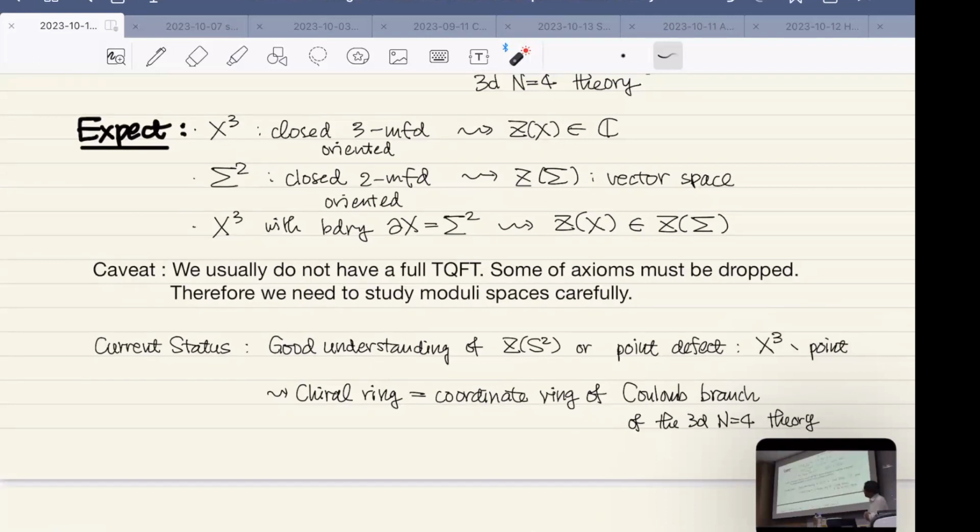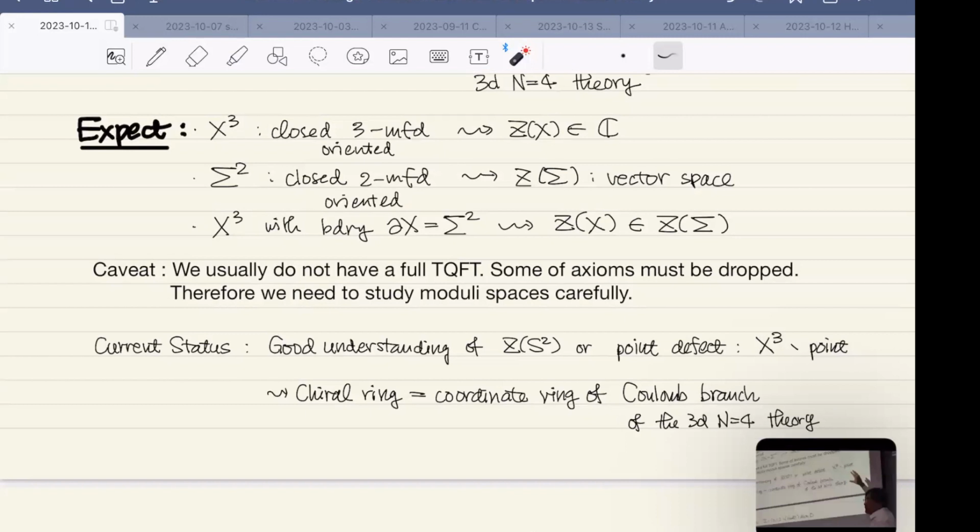Unfortunately, so far we have a good understanding of Z of S^2. This is a vector space associated to S^2, but S^2 is in fact very important. If you consider three-manifolds with boundary, the simplest way to construct one is to remove a point, or a neighborhood of the point.